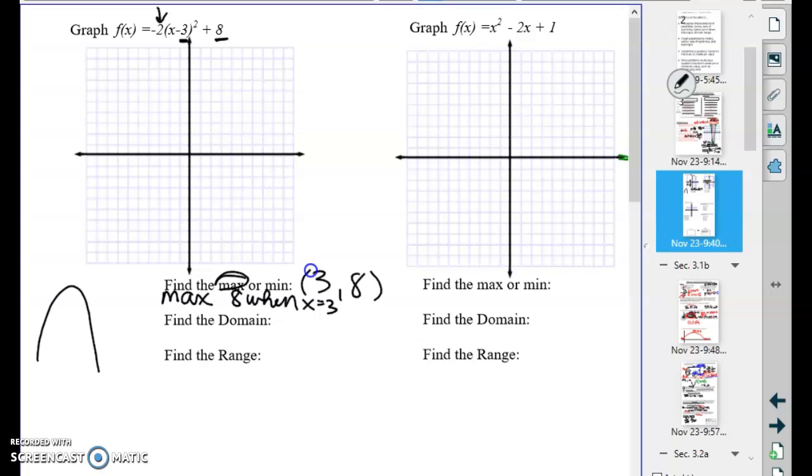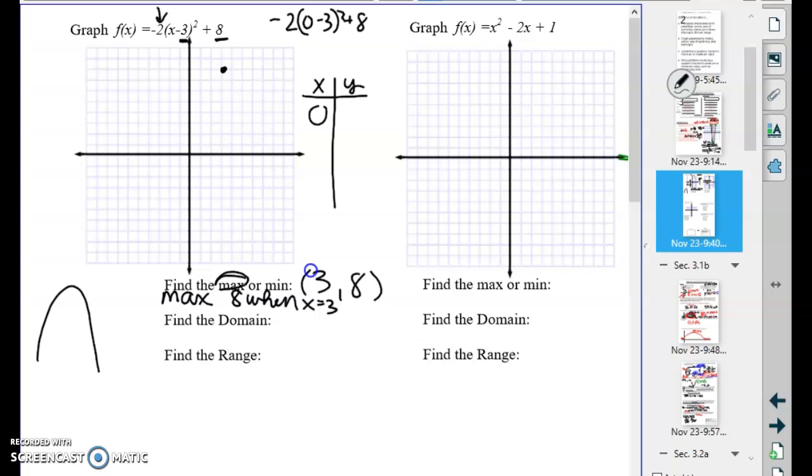So let's figure out, I'm going to put in my (3, 8), so over 3 up 8, that's right here. And then I need to find some other points. Something that's oftentimes super easy to find is the x-intercept, set y equal to 0. So then I would have -2 times 0 minus 3 all squared plus 8.